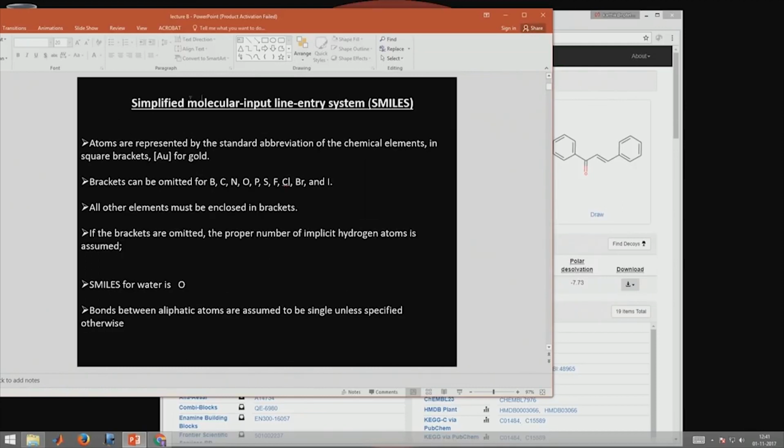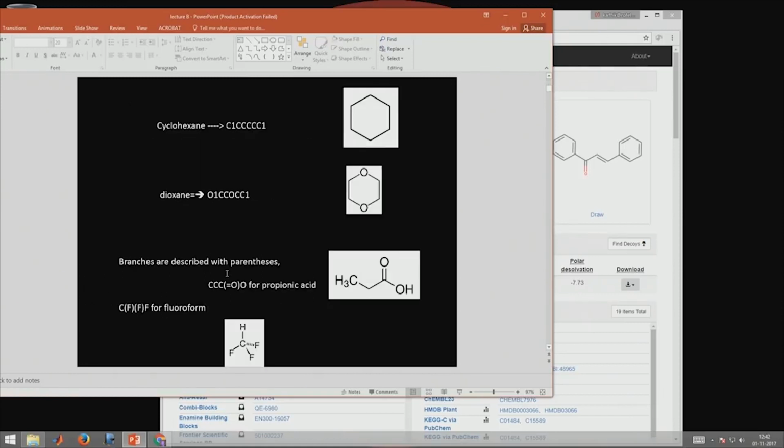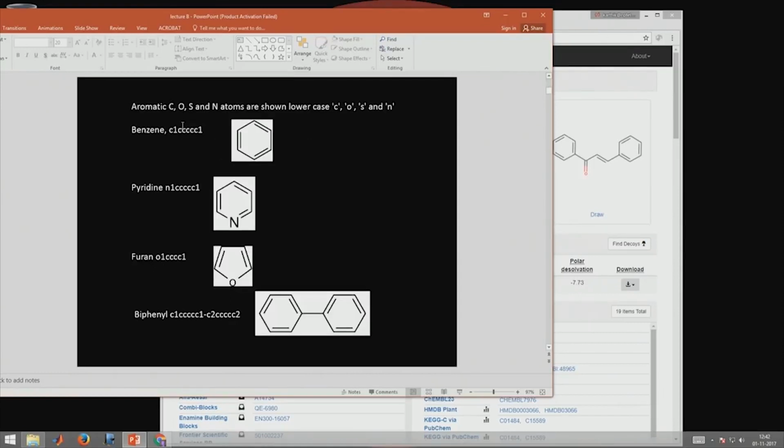Once more, as I said, atoms are represented by standard abbreviations. So, for bromine, carbon, nitrogen, oxygen, phosphorus, sulfur, fluorine, chlorine, boron, we do not need to have brackets, okay. Hydrogens are implicitly assumed. If it is aromatic, we use lowercase.